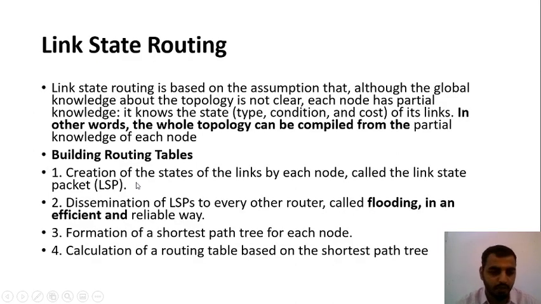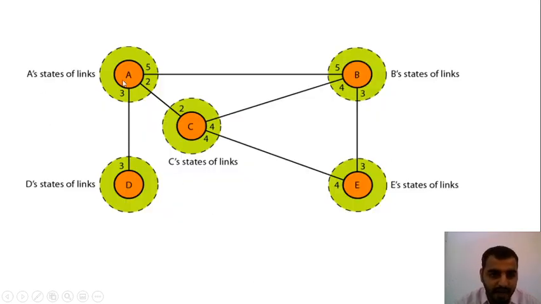Now the next one: formation of the shortest path tree for each node. After getting this table, and after sharing all of the information with every node, it will take the shortest path. Always remember, within computer networks, you always look for the shortest path with reference to quality of service and the reliability of the network.